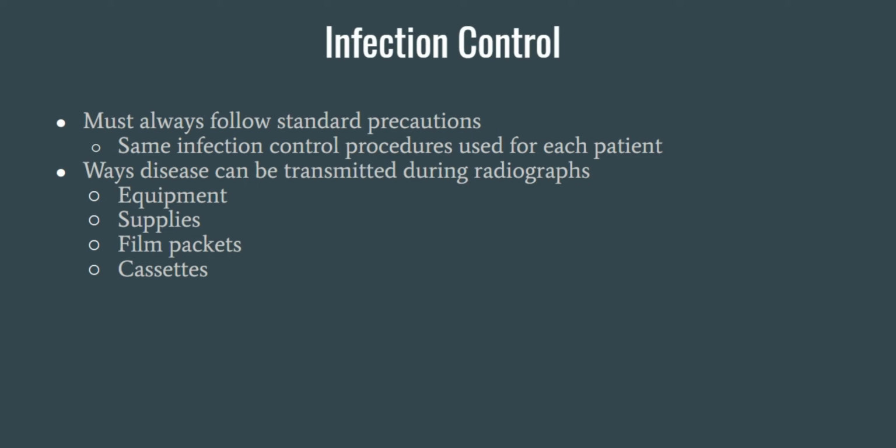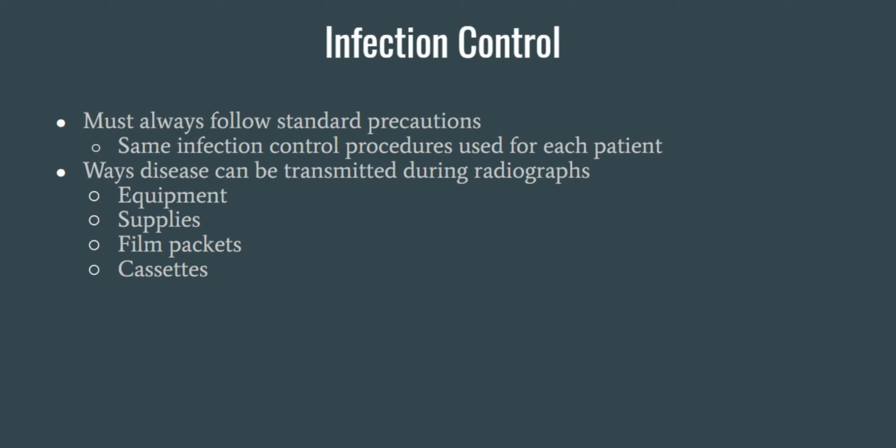Let me back up and let me rephrase that. All of these things need to be mentioned because it's important to remember the way that diseases can be transmitted. We have direct and we have indirect modes of transmission.